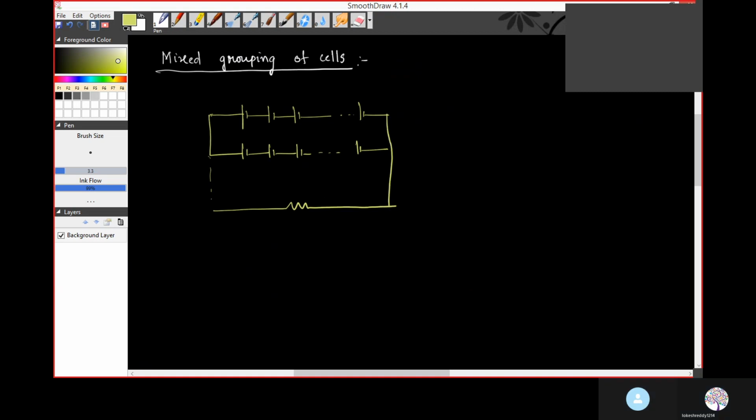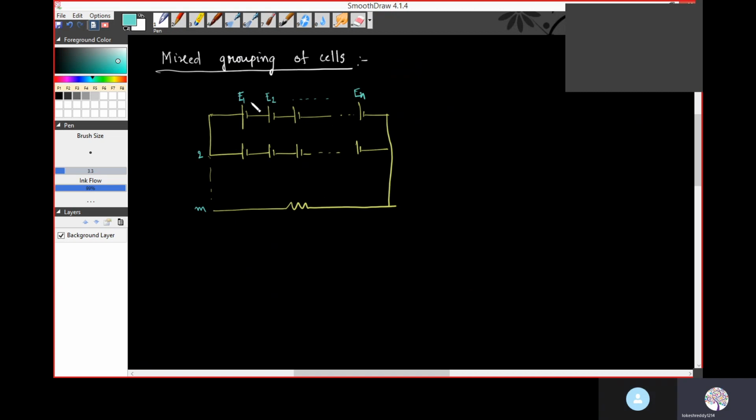Now for this we have to calculate the current. Let us take this as E1, this is E2, and so on, and this is EN. This is the second row, like that M rows are there. Let us take them as identical.